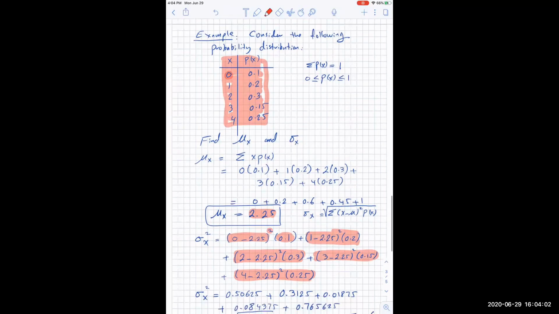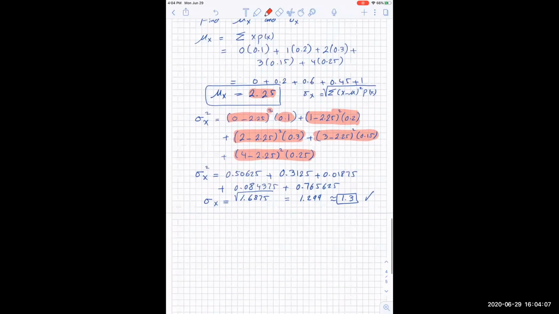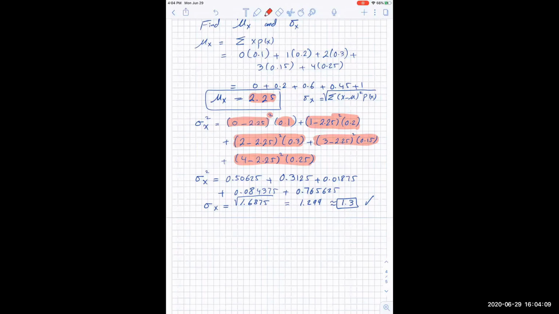Now, let me explain, guys, why we are doing this. Why are we calculating the mean and the standard deviation of this variable? Again, here's the number line. The mean is 2.25.